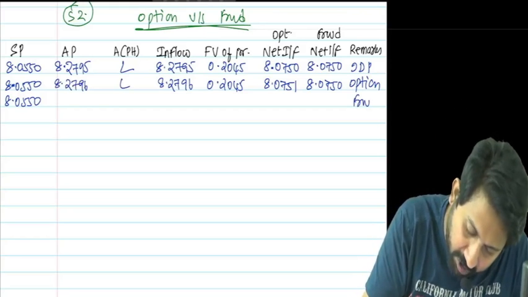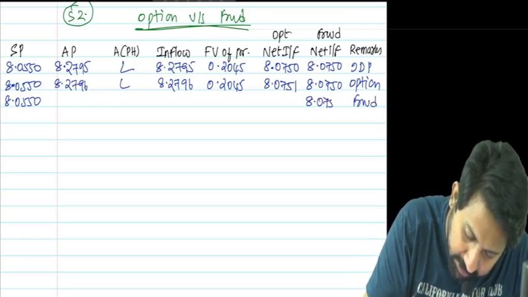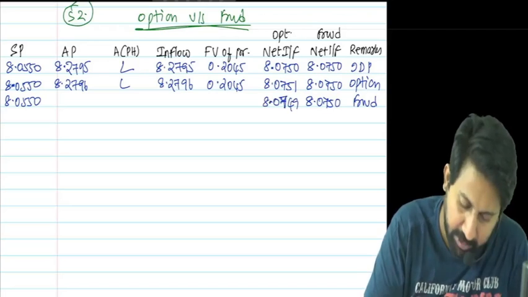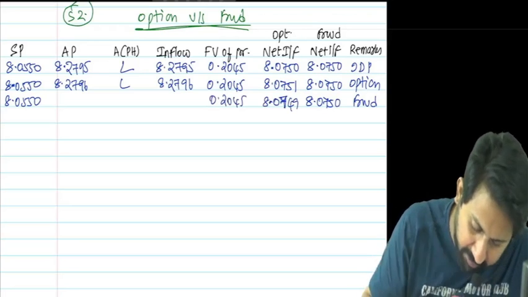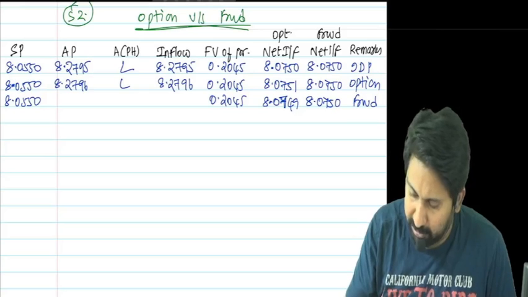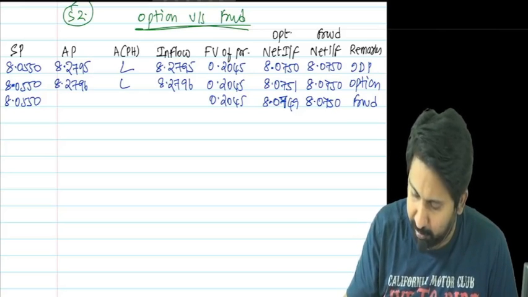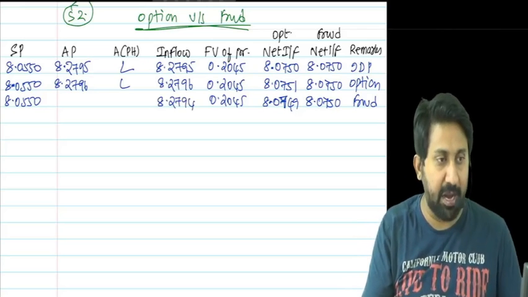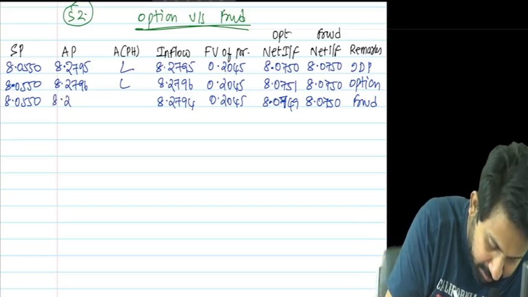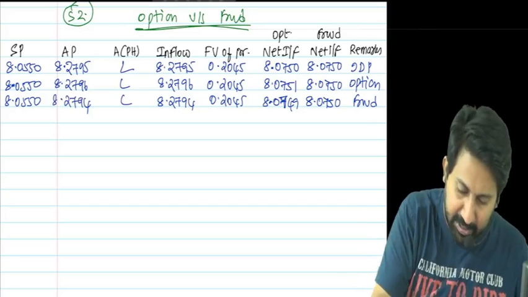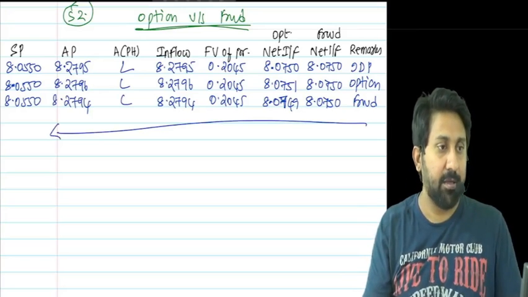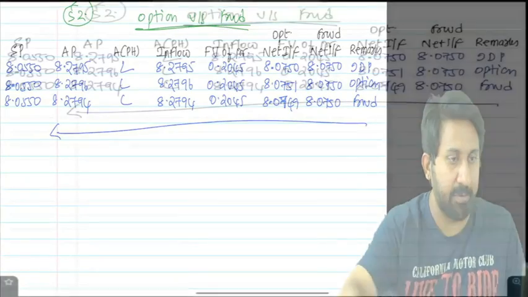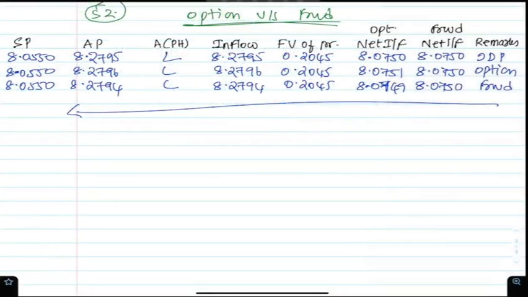Next, I want forward to be better, meaning 8.0749. 8.0749 plus 0.2045 is 8.2794. Even in this case, at 8.2794 I will lapse. Reverse calculation you have to do. Please solve this and copy down. Hope everyone understood and you are doing it with understanding.